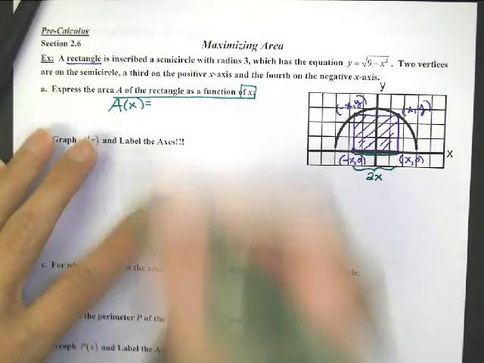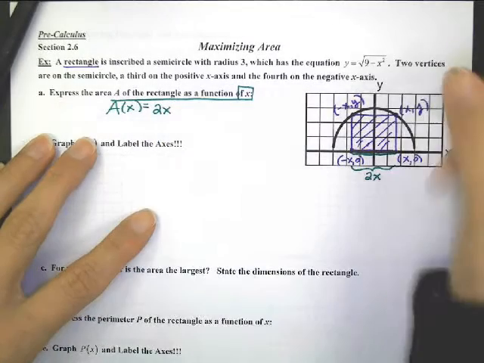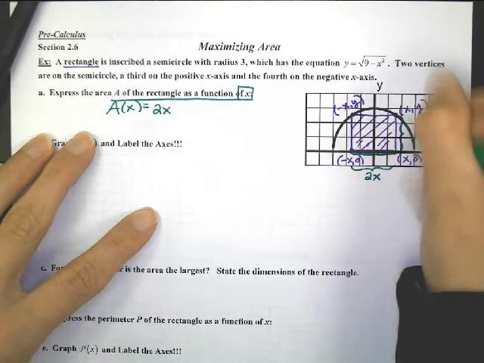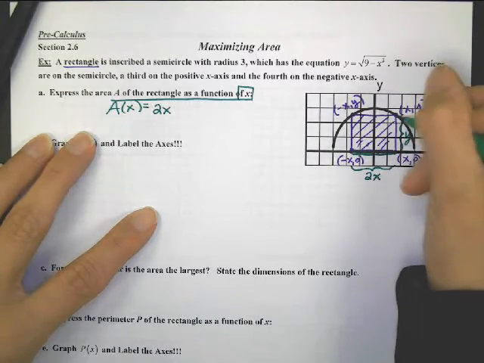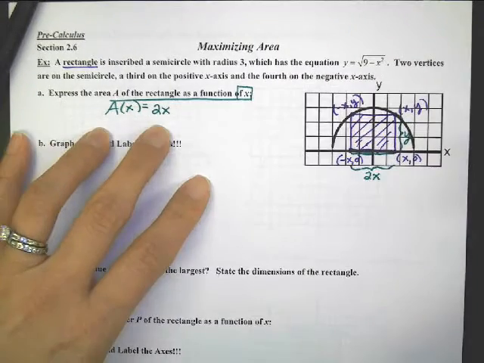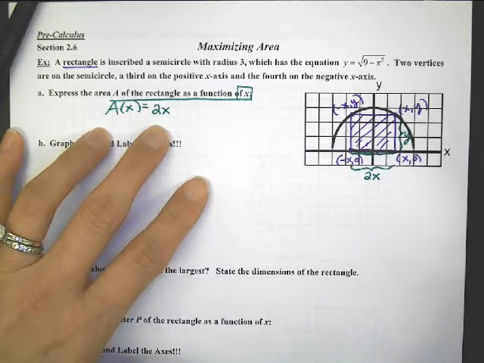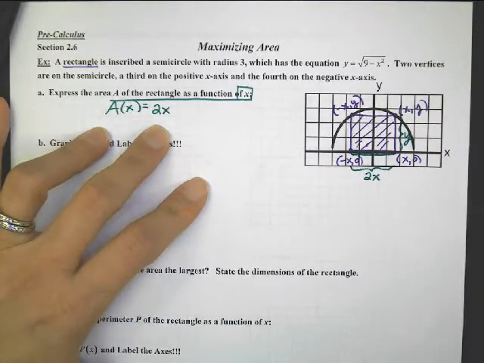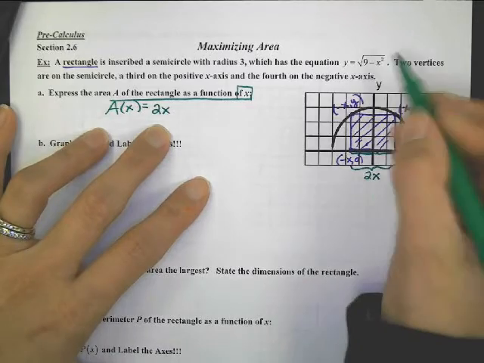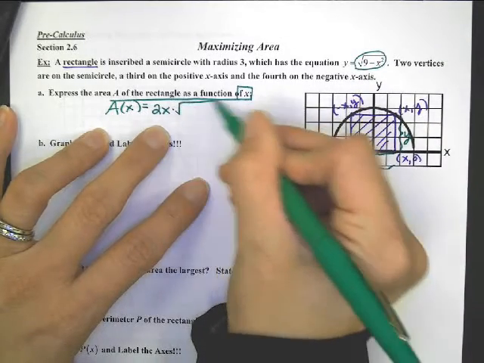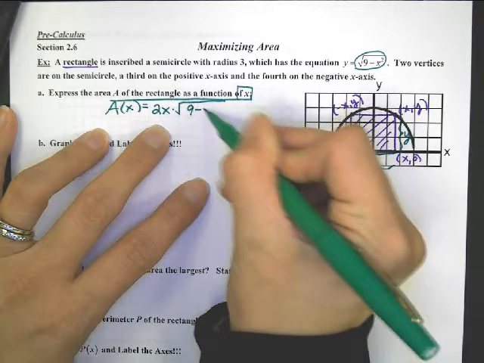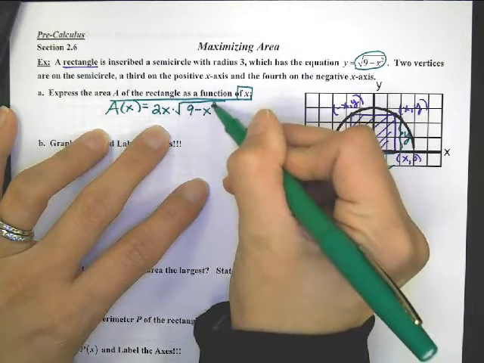Oh, that's a little different. 2x. And then the height. The height is just a single y. It's going from 0 up to y. But wait, I can't write a y. Maybe we'll speed things up here a little bit because as we saw yesterday, the y is going to be this equation right here, the square root of 9 minus x squared.